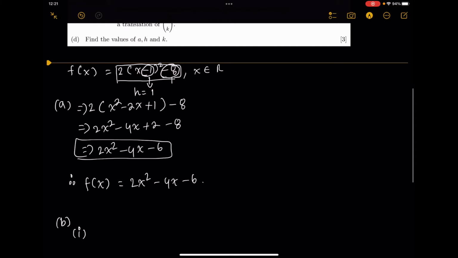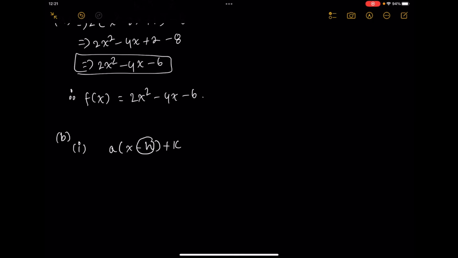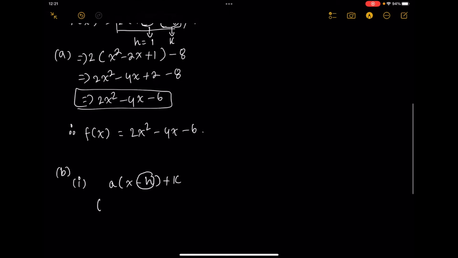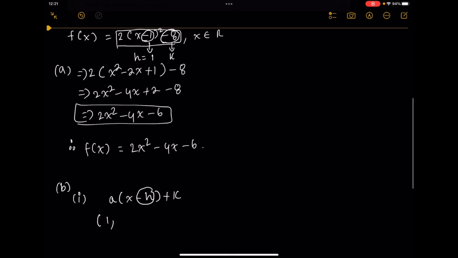And this over here is nothing but k. In vertex form, h's sign is always the inverse of what we actually see. So the coordinates of our vertex are 1 comma minus 8.